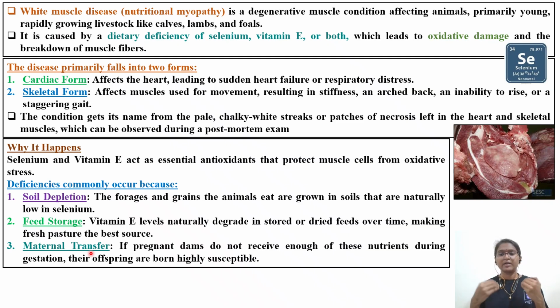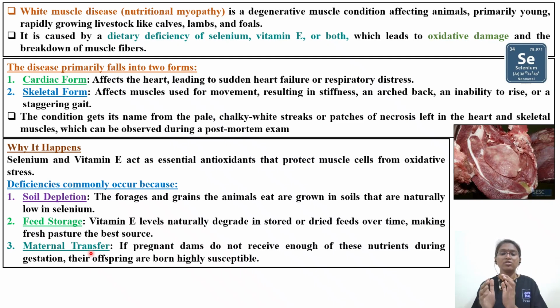Say a cow, buffalo, or sheep is pregnant and is consuming a feed diet that is deficient of selenium. Through maternal transfer, because you have to understand the placenta is not a 100% barrier, a lot of the diet's fluids might pass through the placental barrier and reach the baby.